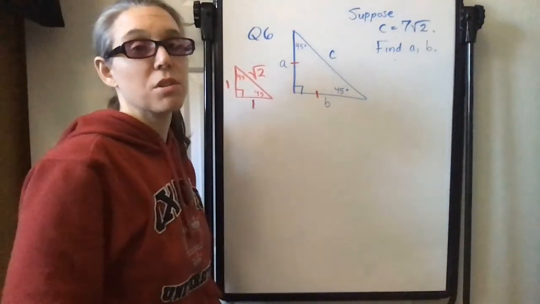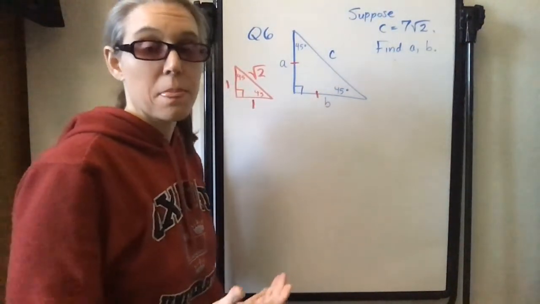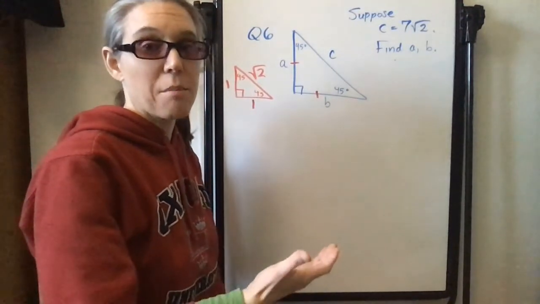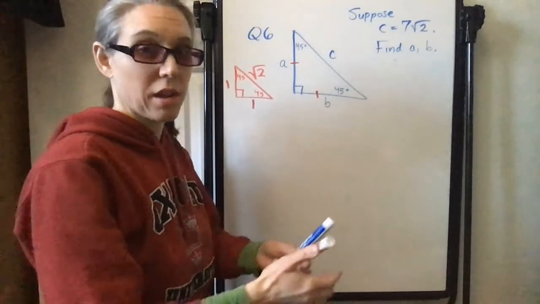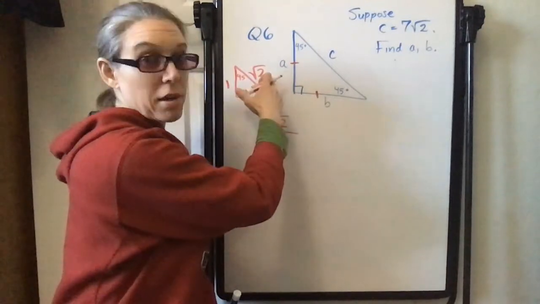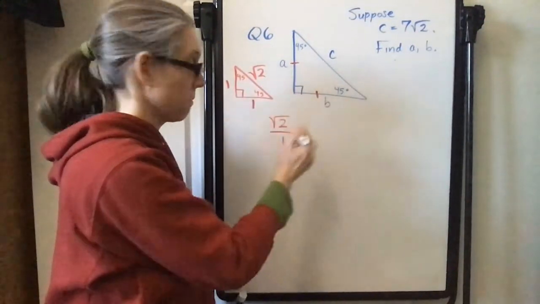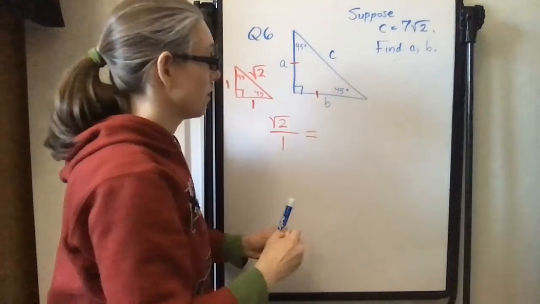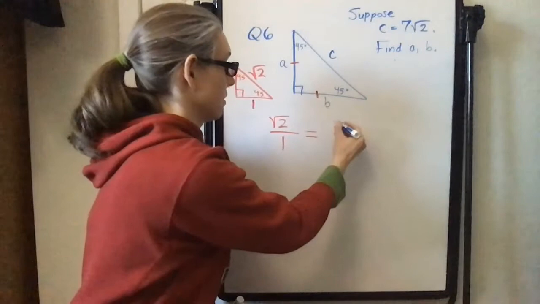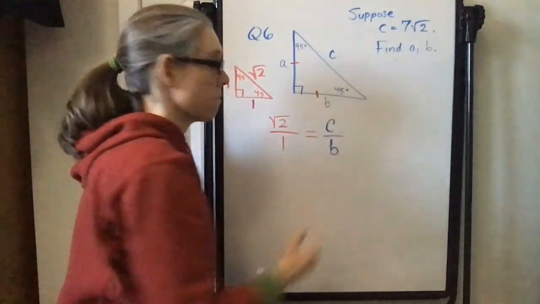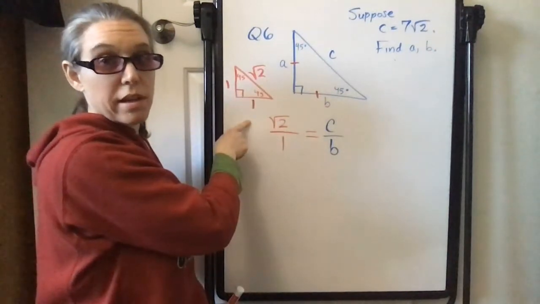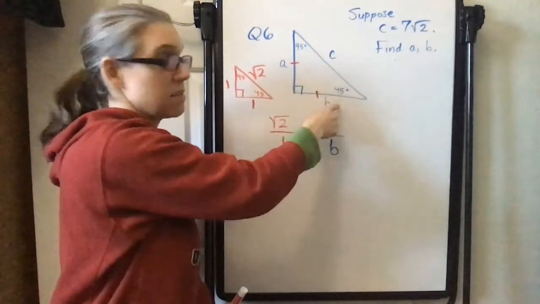And in geometry, when two triangles are similar, that means that their side lengths are in ratio. That means you can set up a proportion, okay? So the square root of 2 is to 1, hypotenuse is to leg, as hypotenuse is to leg. You see that? So root 2 is to 1 as C is to B.